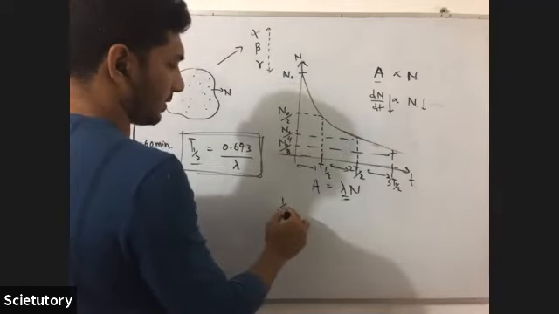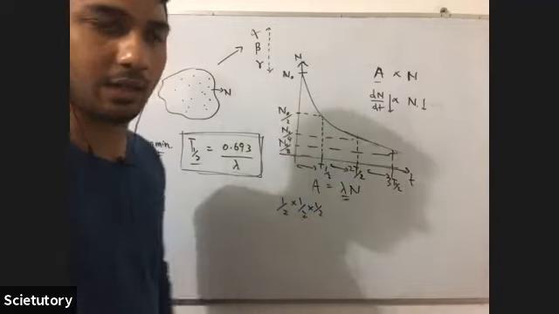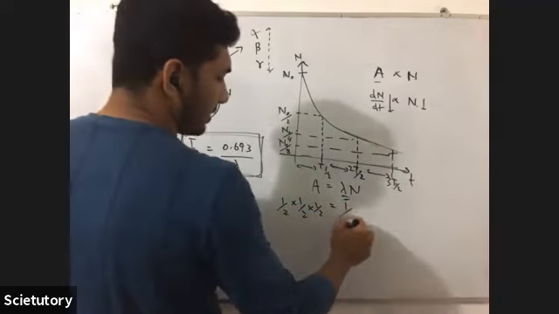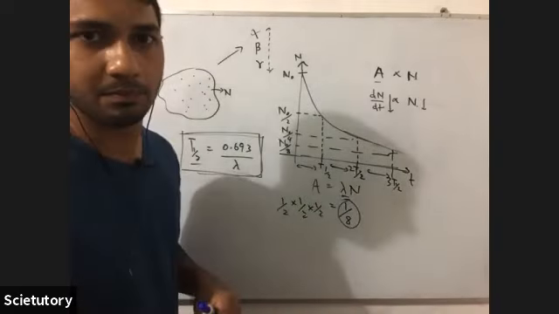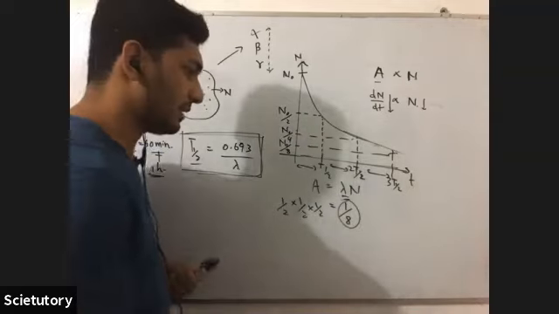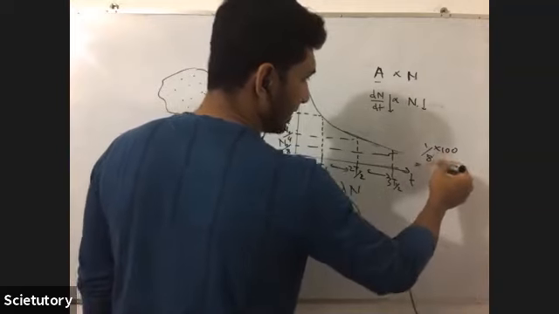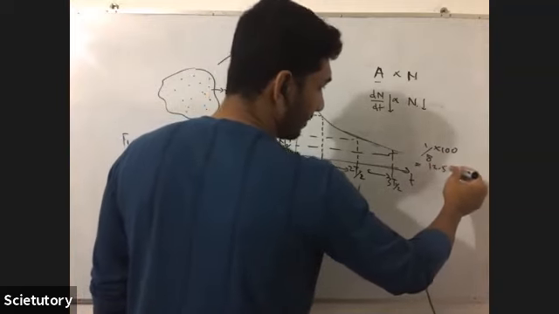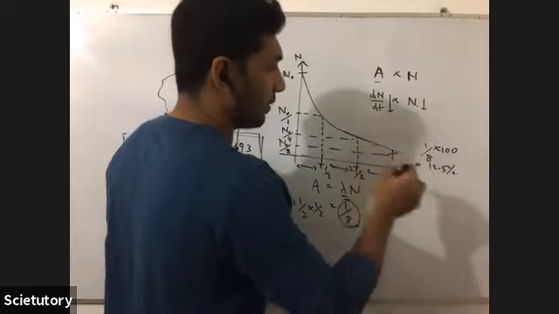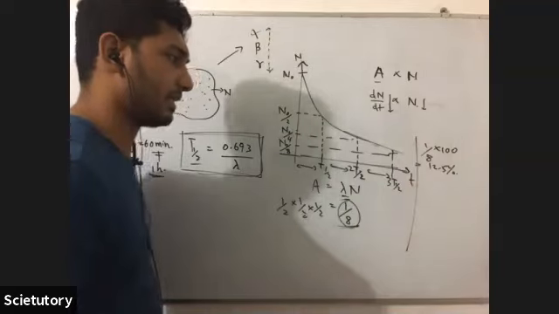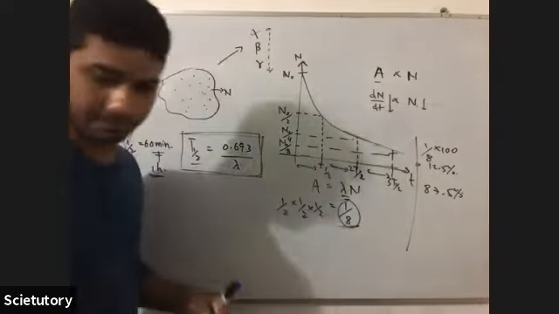So it was half and again half and again half, and at the end of the 3 hours, 1/8 of the initial amount is remaining. If you multiply it by 100, you get the percentage remaining, which is 12.5%. So the percentage that has decayed is 87.5%.